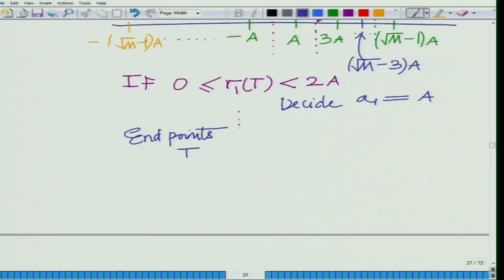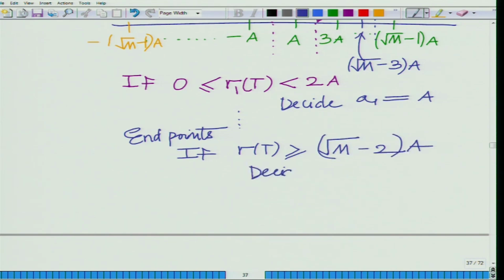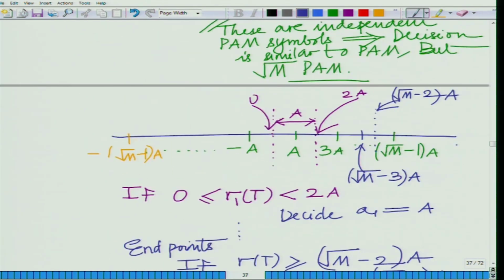So, if R(t) is greater than or equal to square root M minus 2A, decide A1 equals square root M minus 1 times A, because there is nothing to the right of square root M minus 1; this entire decision region corresponds to that, and this is valid both for A1 or A2.